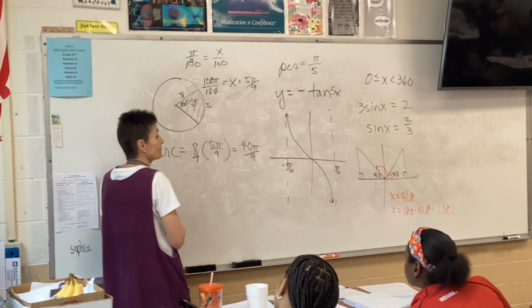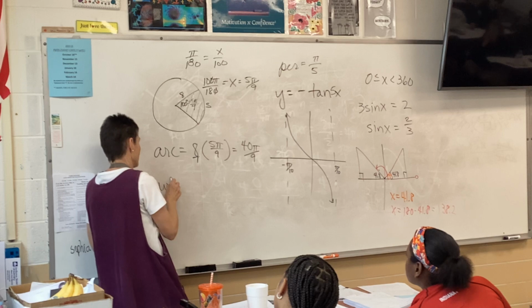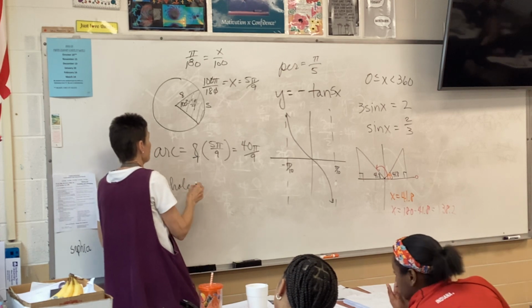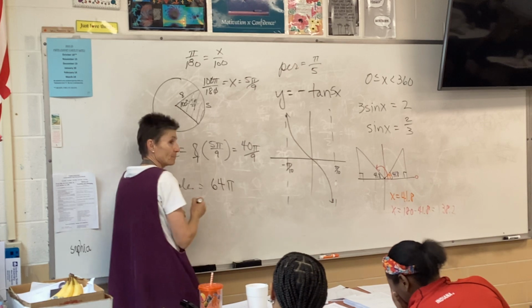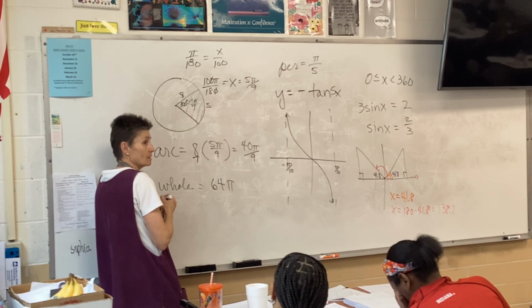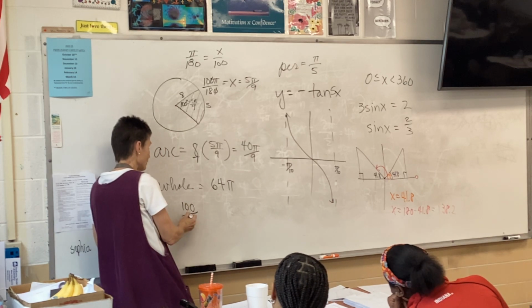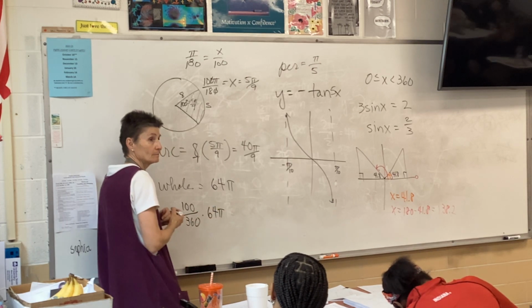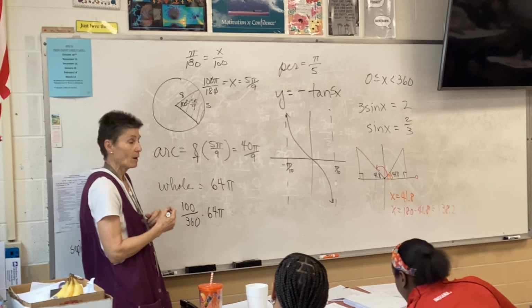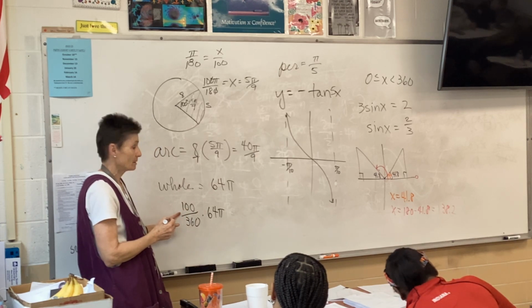Well, what's the area of the whole circle? The whole circle is 64 pi. I want 100/360ths of it, don't I? I want this fraction of that.